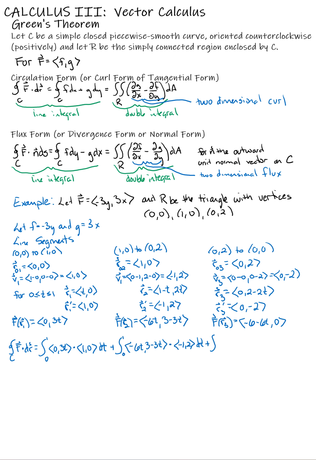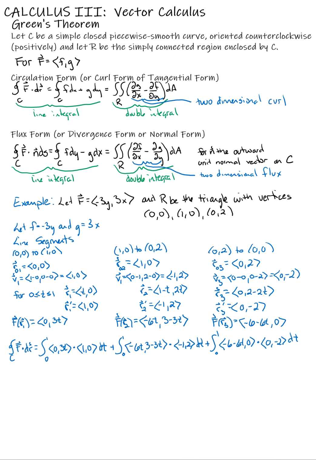And then we have the last one, integral from 0 to 1, again, that's my parameter t, and f in this region is negative 6 minus 6t, comma 0, dotted with r prime in this region, which is 0, negative 2, and we're going to integrate with respect to t.